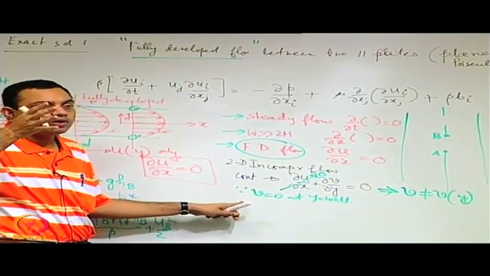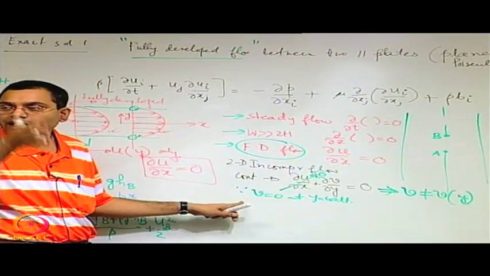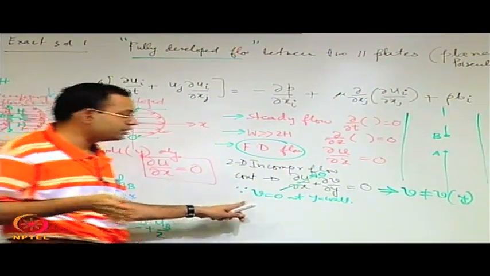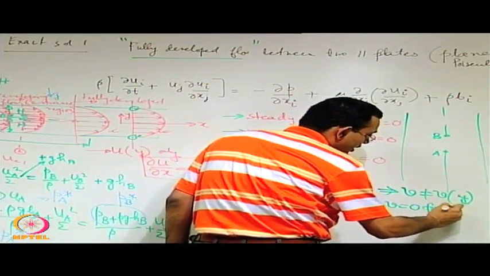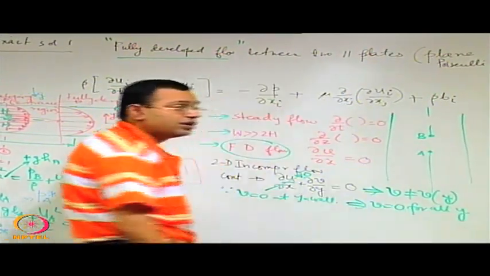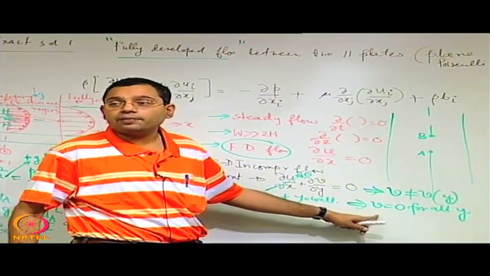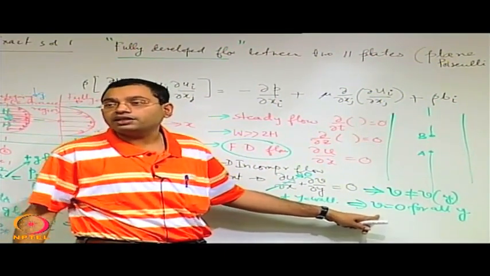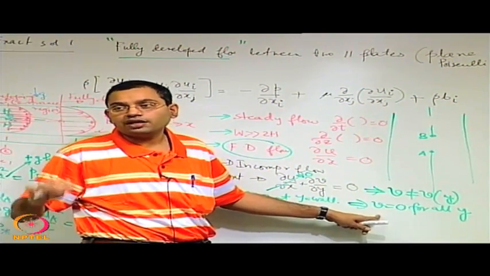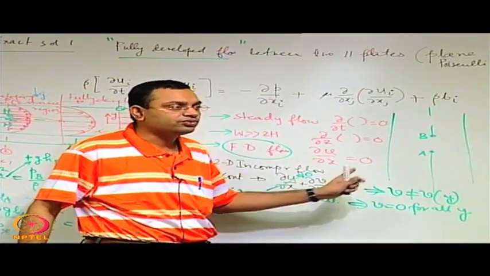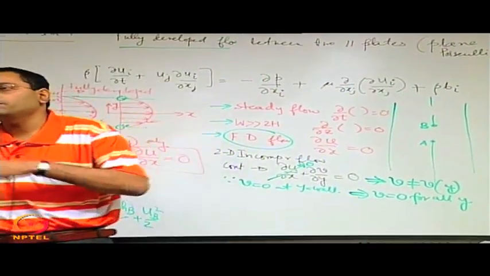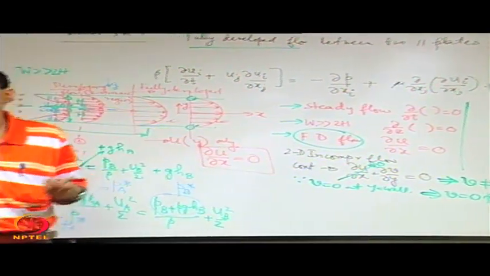So, at some particular y, once we have found out the value of V, that should be true for all values of y. So, this means that V is equal to 0 for all y, and when we say that V equal to 0, this is not an approximation that V is approximately equal to 0, this is V identically equal to 0. Later on we will come to certain situations where we will have V much less than u, that is, V is not 0, but we may consider it to be 0 as compared to u.